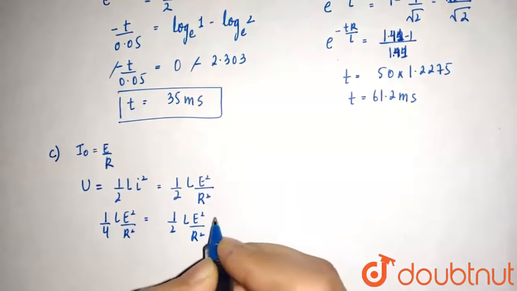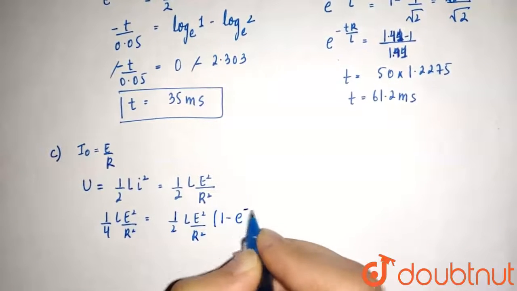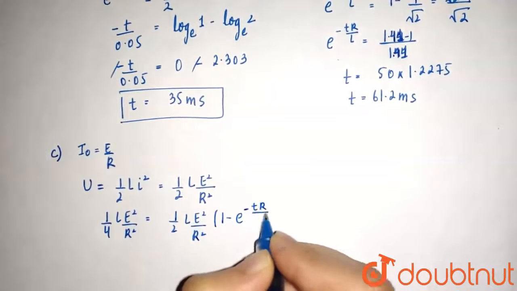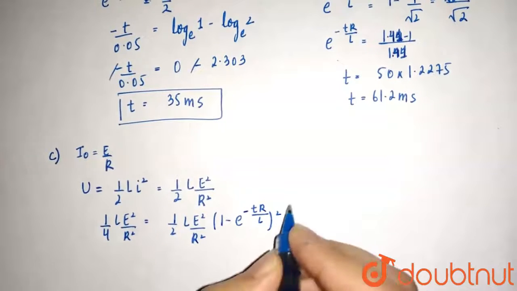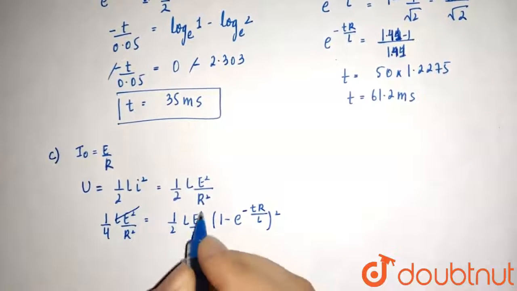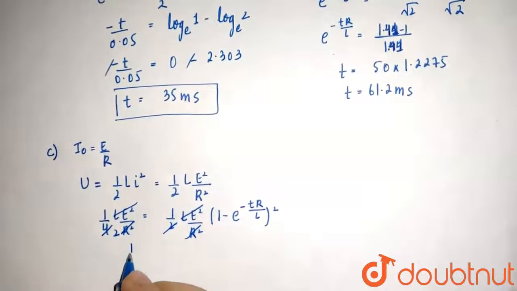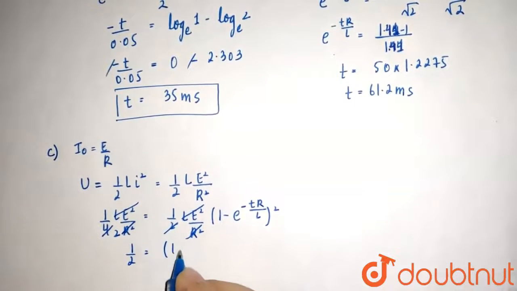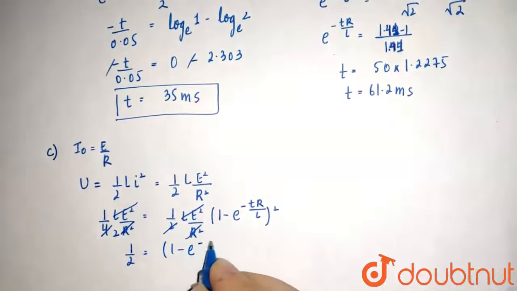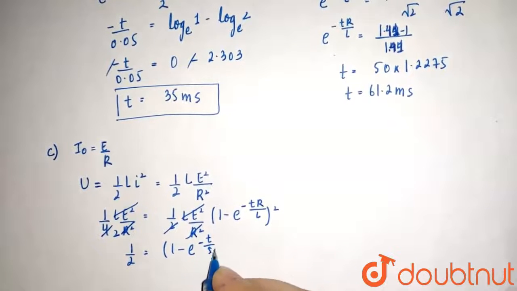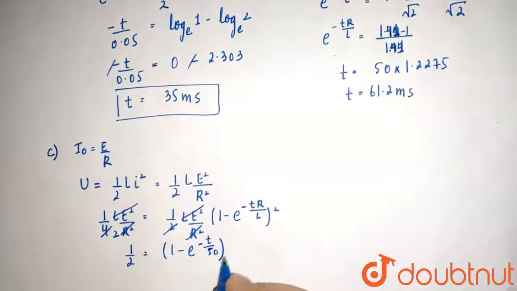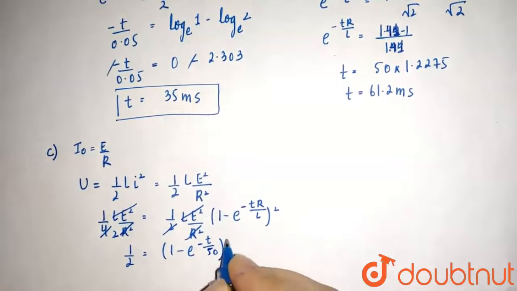And like we did in that question, we have 1 minus e to the power minus t R by L, whole squared. So they cancel out, 2 1 2 2. So we have 1 by 2 is equal to 1 minus e to the power minus t by 50, because R by L is 1 by 50.